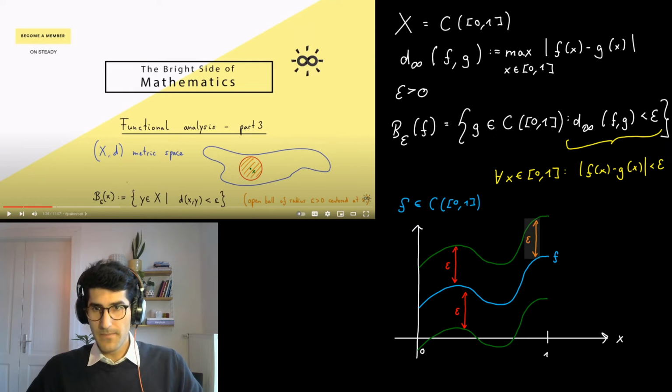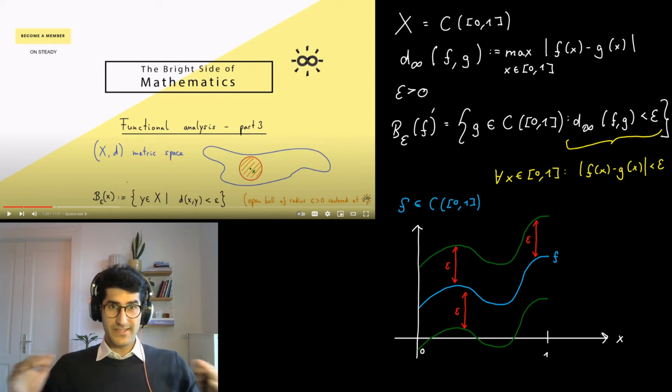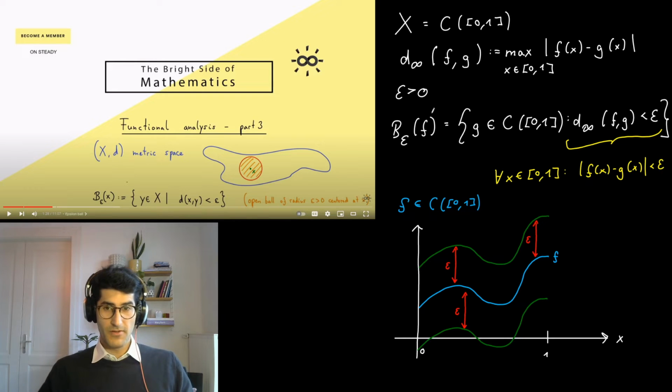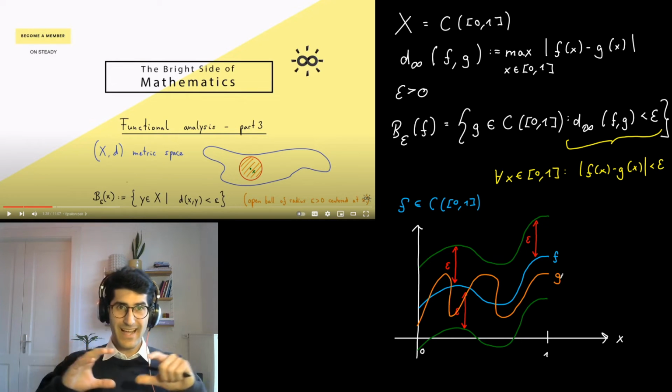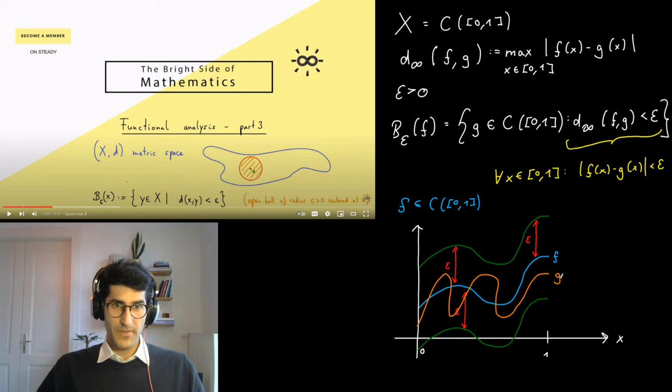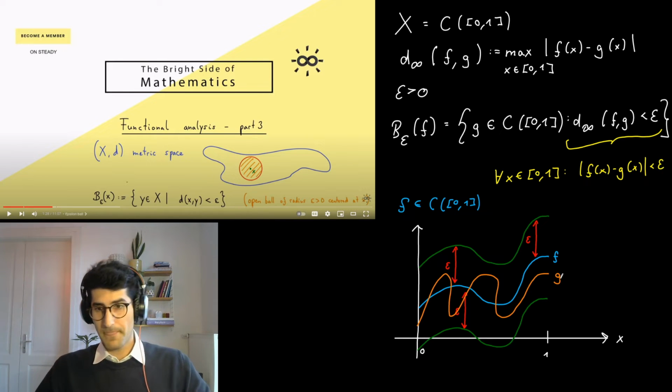A function g is inside the epsilon ball around f if its graph, so if I draw the function g, lies inside the epsilon tube around the graph of f. Then g will also be an element of the epsilon ball of f.